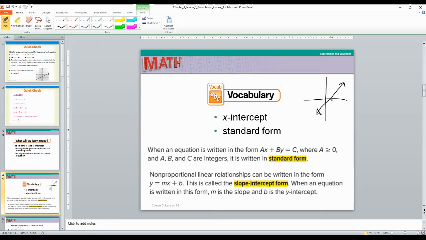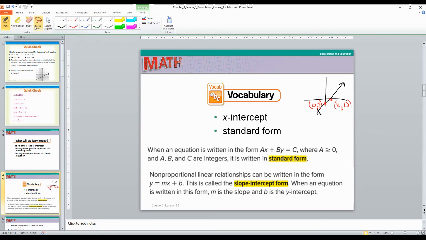This would be your x-intercept, and this would be your y-intercept. Your x-intercept is whenever y is 0, you got x. And your y-intercept is whenever x is 0, then that's what y will be. So when we talk about x-intercept and y-intercept, we're just talking about where that line passes through.